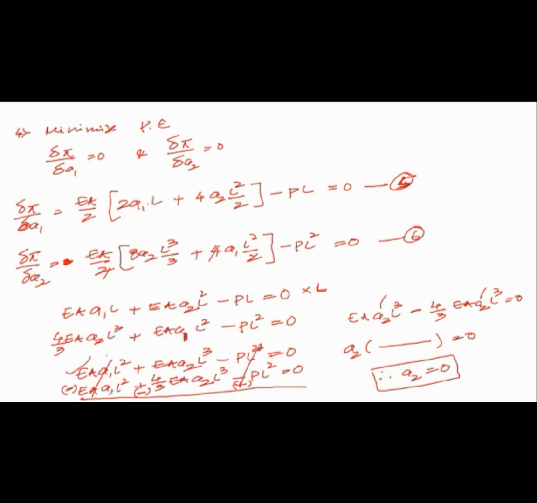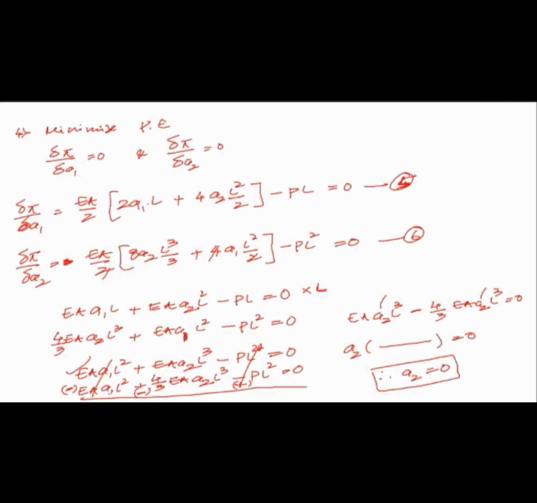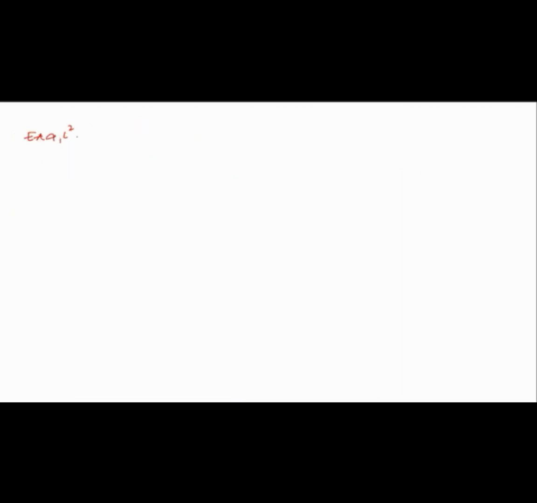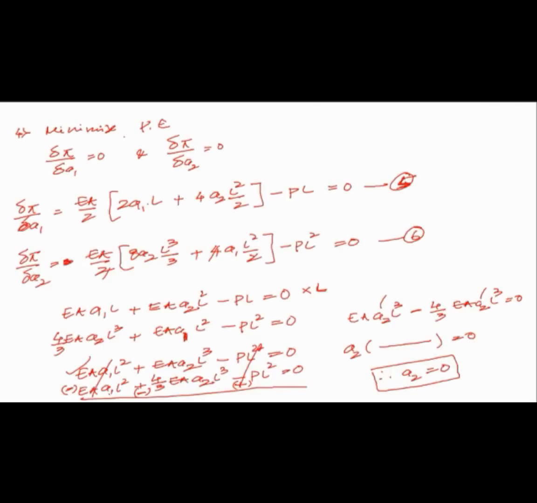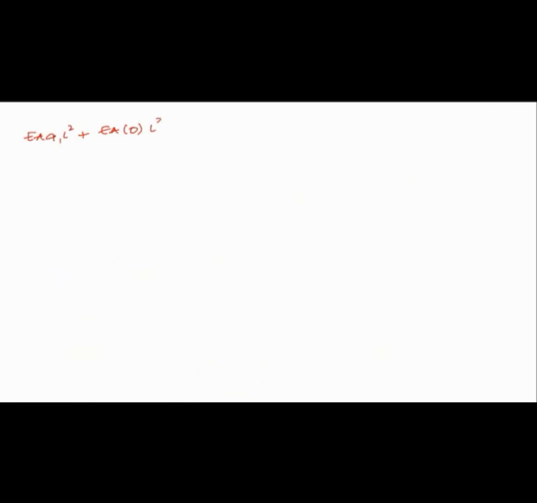So it is EA A1 L square, plus EA A2, where A2 is 0, L cube, minus PL square. I have substituted the value of A2 in this equation, so this entire term is 0 multiplied by 0, and it is 0.